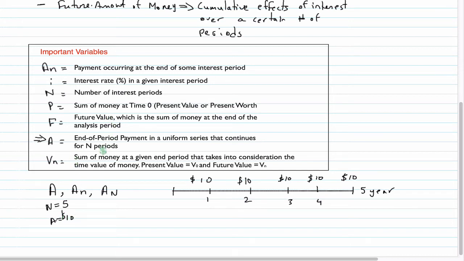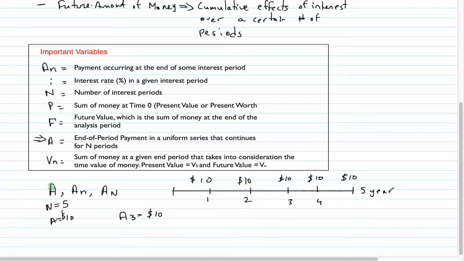Now an, small letter n, is basically any interest period. So A3, the third interest period, what is it? It's $10. Now you'll see later on through other examples the main difference between a small letter n and just normal a.